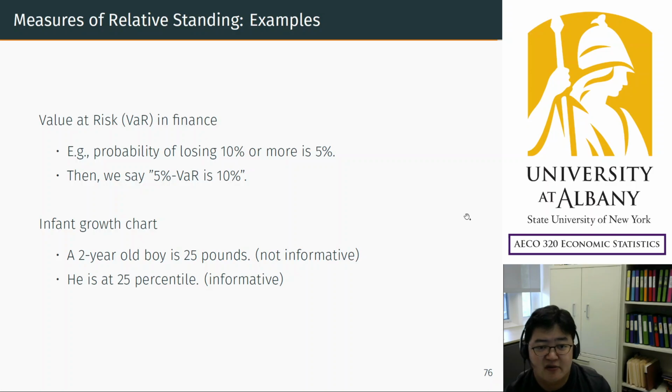Here is an example: value at risk. In finance, value at risk is exactly the percentile concept. For example, when I say 5% value at risk is 10%, that means the worst 5% case is losing 10%, right? So it's the bottom 5 percentile.